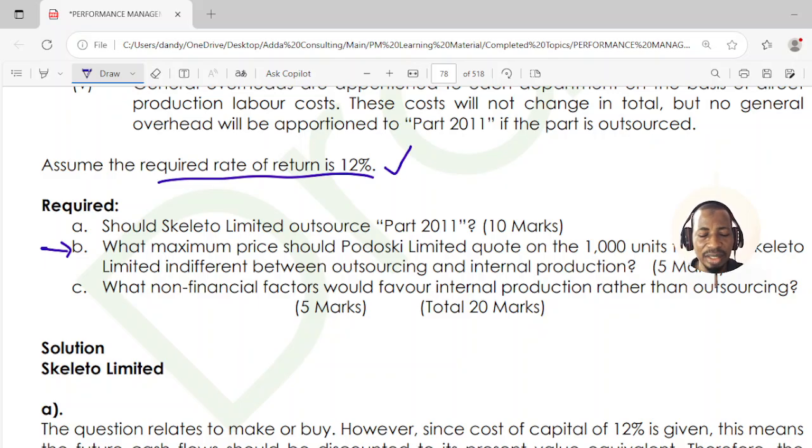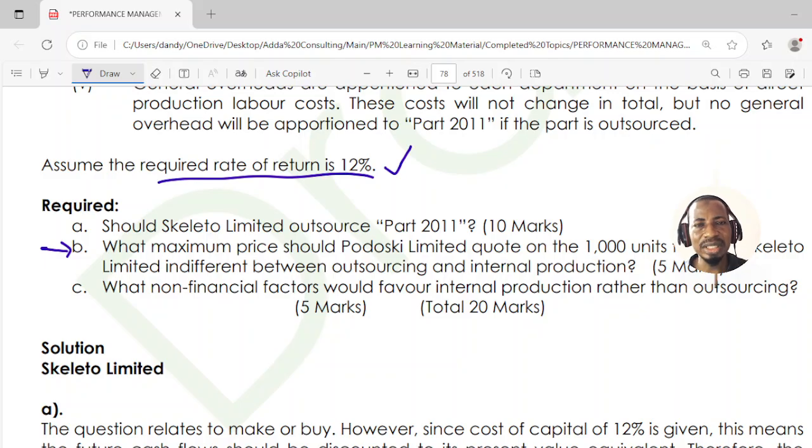So to answer this requirement, you are expected to determine the maximum price. What you are supposed to do is to calculate sensitivity margins using sensitivity analysis. When we get to risk and uncertainty, we are going to discuss sensitivity analysis. The sensitivity analysis measures the tolerable extent to which a project NPV can accommodate any change in a variable.